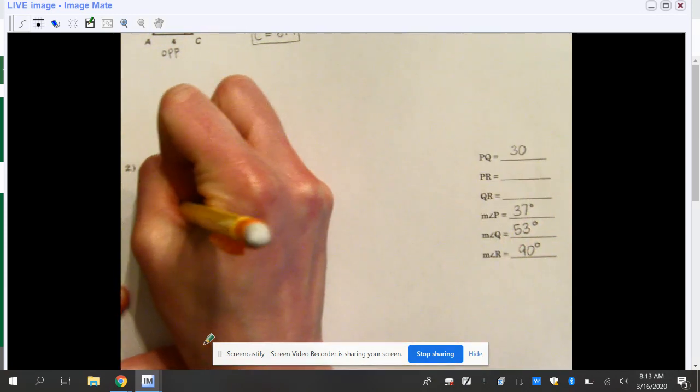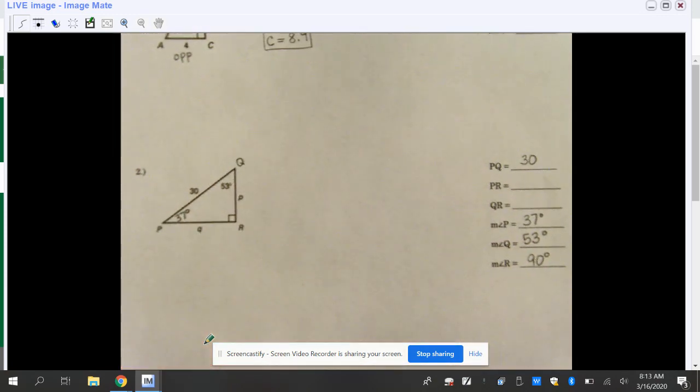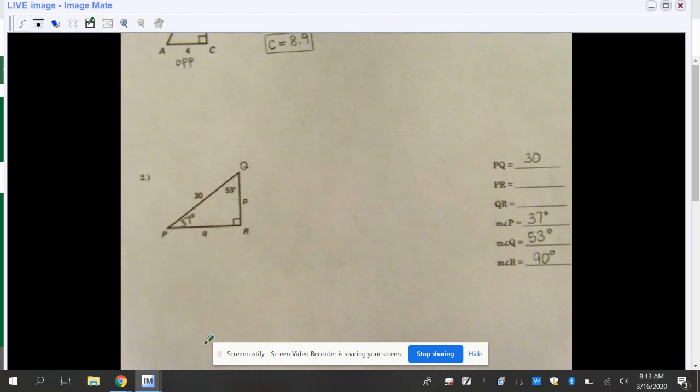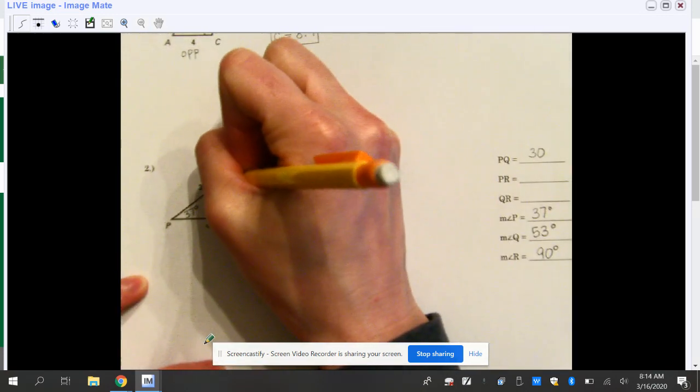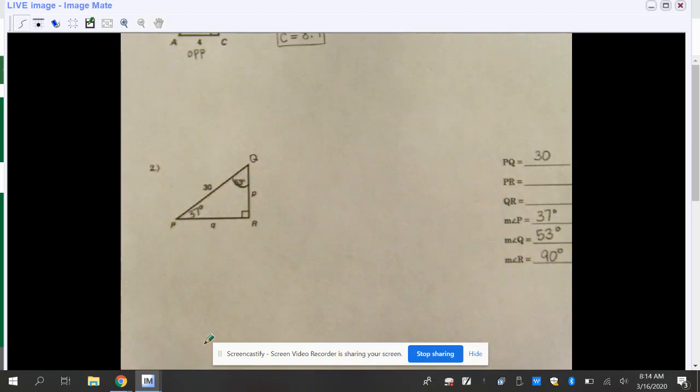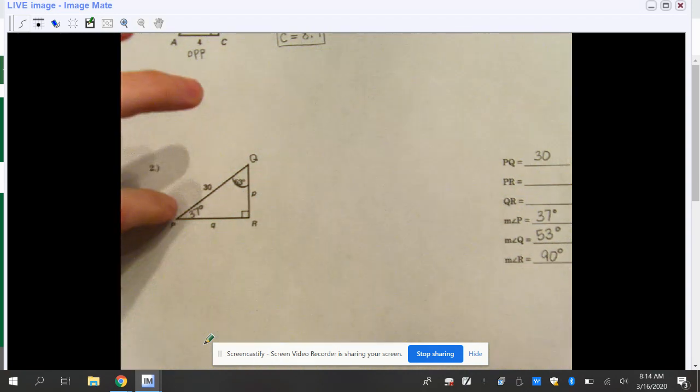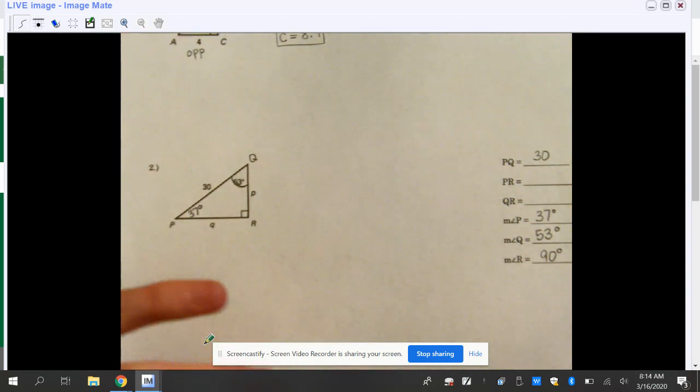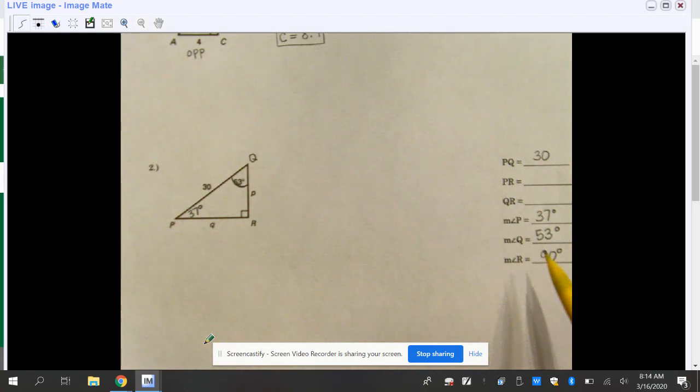Okay. So I'm going to take a similar approach as I did when I was finding angle B in number 1. This time though I'm going to use the angle that I was given, just in case I made a mistake finding that one. That way I'm not using a wrong angle to find what I am looking for.